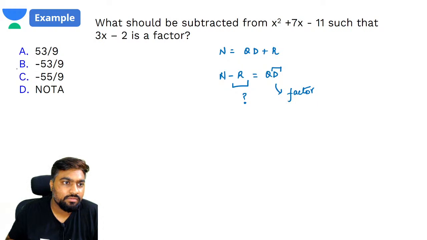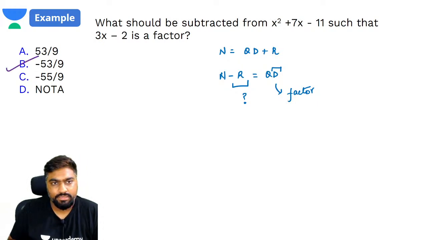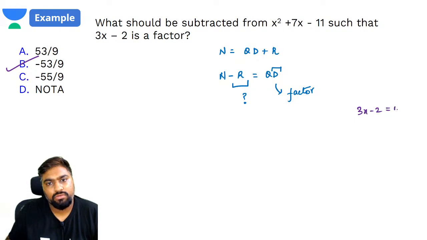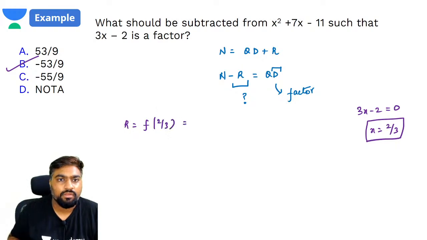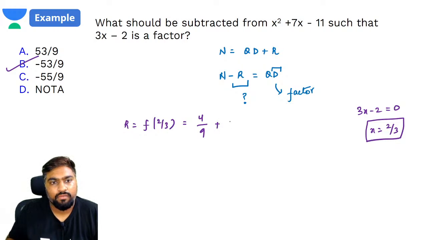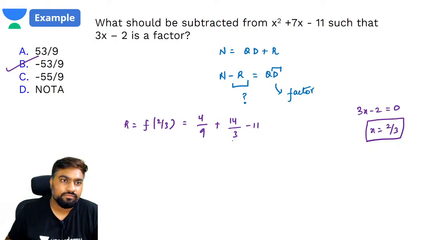Everybody says B. Very good. B is the right answer. So what do you get? 3x minus 2 is equal to 0. So x is equal to 2 by 3. Plug that in. Remainder is equal to f of 2 by 3, which will be 4 by 9 plus 14 by 3 minus 11. Yes.